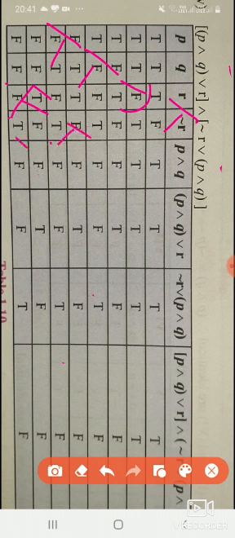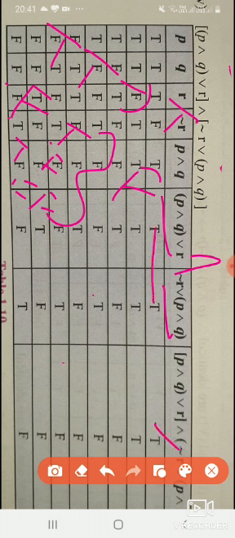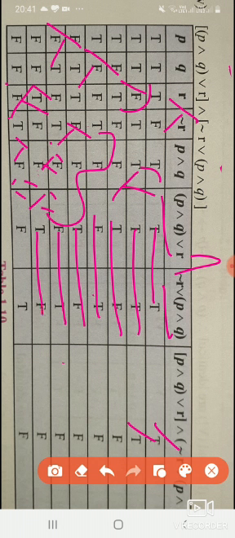False, true, true, false, both are false, in all the other cases it is false. So it is the first one, it is the second one, and you have to use AND in between. Both are true, it is true. True and true, true. True and false, false. False and true, false. True and false, false. False and true, false.